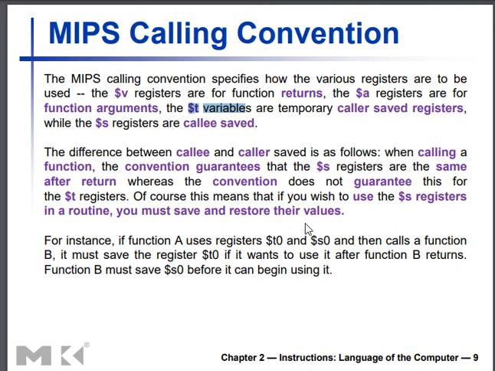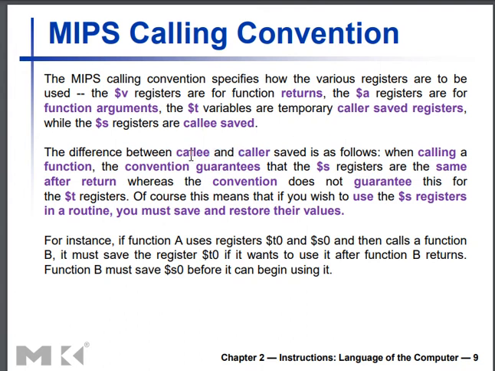T registers, like T0, T1, T2, are all called caller saved registers, and we have registers like S0, S1, S2, S3, S4, which are all called callee saved registers. Callee means procedure, caller means the main segment.